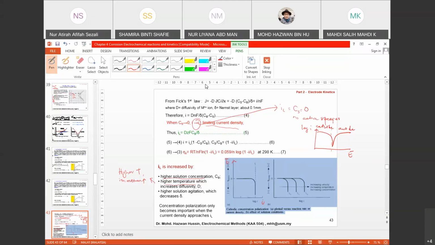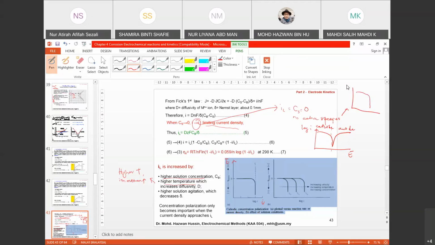All right. So half of this curve is basically anode and the other half is cathode. When we consider cathodic concentration polarization, it means that you will get only part of this.